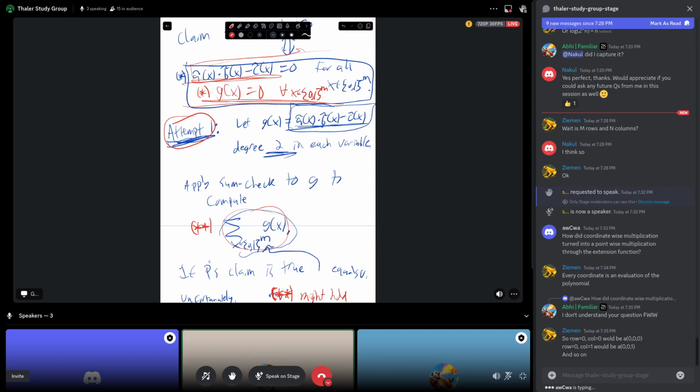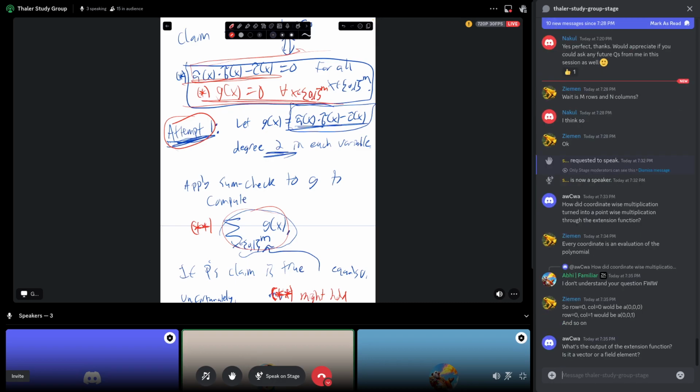And the other question to the same thing is if we multiply a twiddle of x with b twiddle of x, won't it quadruple the max degree of each of them?